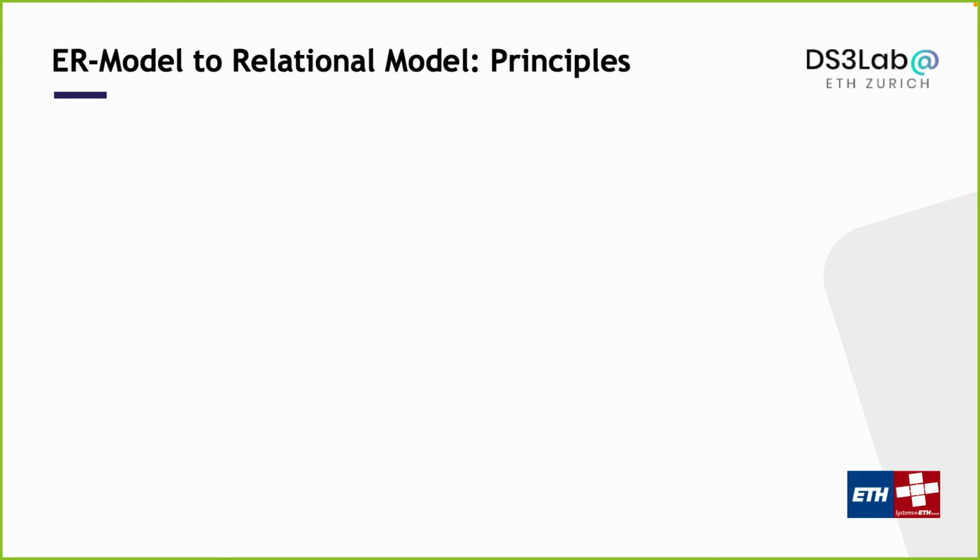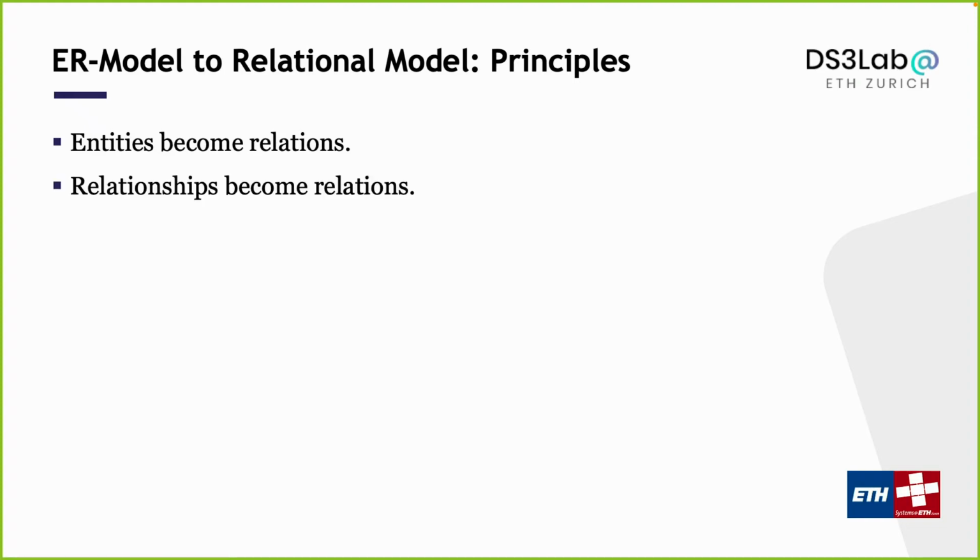The principles are kind of easy to state. Whatever entity sets you have in your entity relationship model become relations in your relational model. Whatever relationships you have inside your entity relationship model also become relations. That's not surprising, because all we have in the relational model are relations. Essentially, entity sets and relationships all become relations.